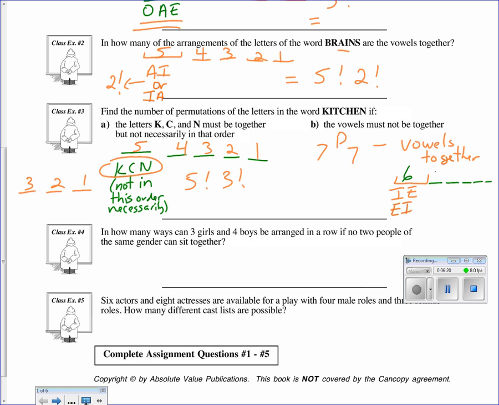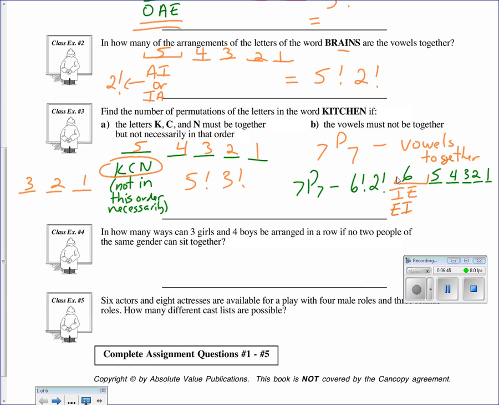I've got 6, 5, 4, 3, 2, 1 number of choices. So I've got 6 ways of arranging those individual pieces, and then the 2 different ways of I and E flipping around. So it's 7P7 minus 6 factorial times 2 factorial.